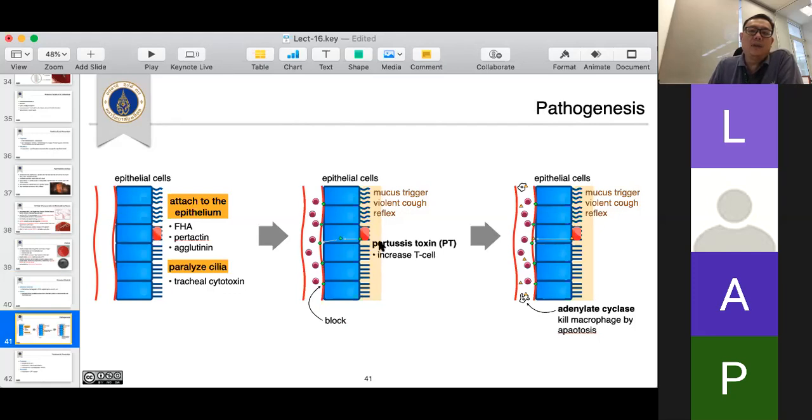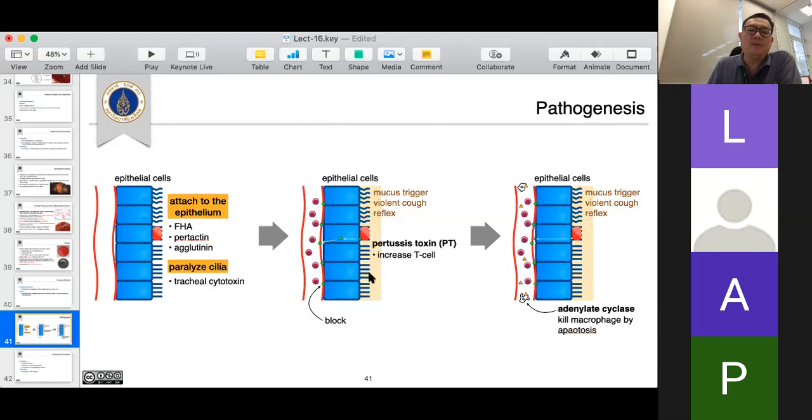Then this bacteria produces pertussis toxin or PT toxin. PT toxin is an AB toxin. They pass the toxin through the epithelium cells. The toxin can increase the population of T lymphocytes and pull T lymphocytes into this area and block T lymphocyte action.